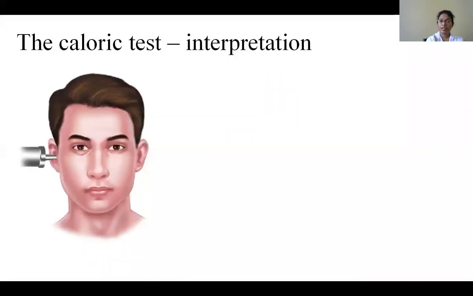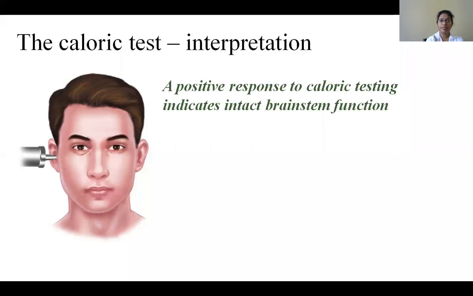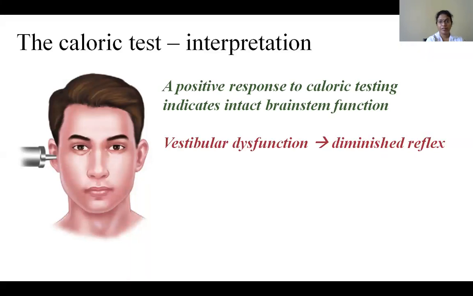So how do we interpret the caloric test? A positive response means whenever you do irrigation and the eyeballs are set into horizontal nystagmus. So if you get a positive response to the caloric test, it means the brainstem function is intact. In case of vestibular dysfunction, the reflex is diminished.